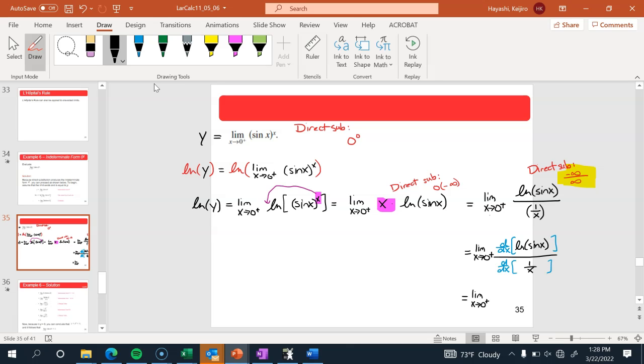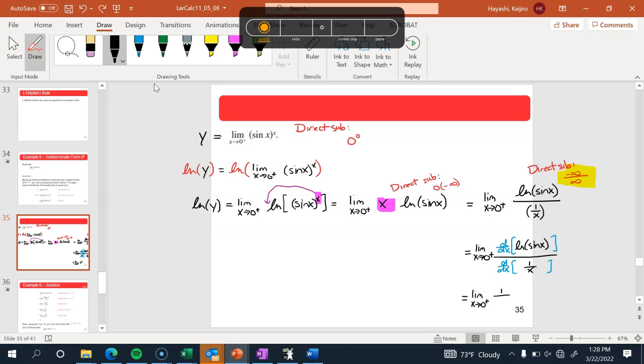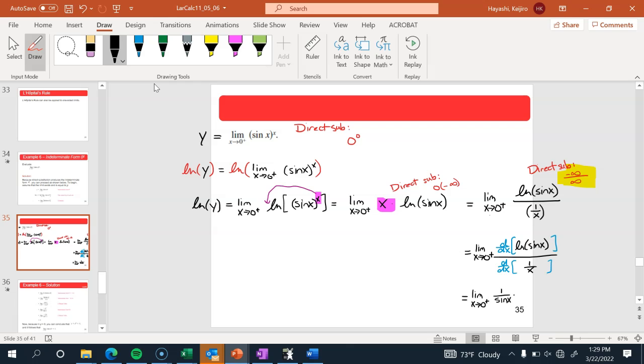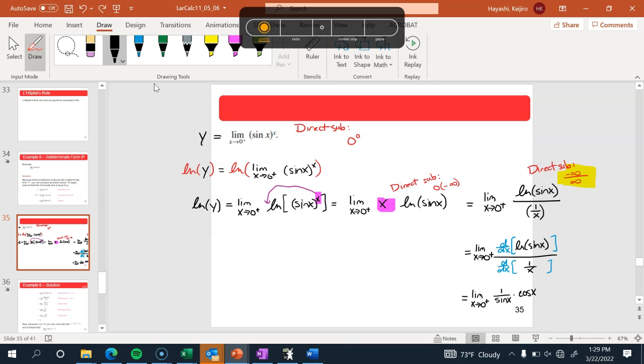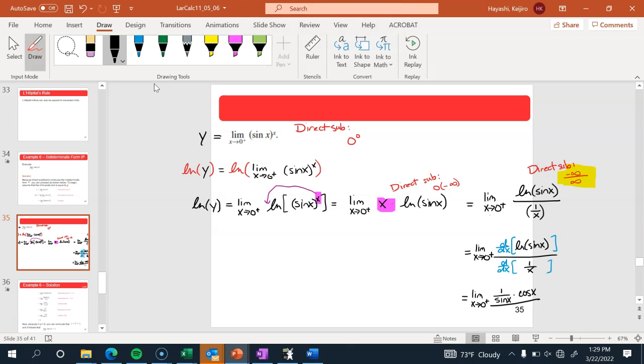Now the derivative of the natural log of sine would be 1 over sine, right? Just 1 over whatever's in the natural log, times the derivative of the inside from the chain rule. The derivative of that sine of x is cosine. And so we'll multiply by cosine. That's going to be the top of the new fraction. And the derivative of 1 over x is, again, negative 1 over x squared.